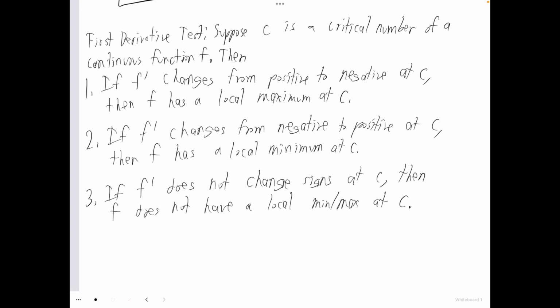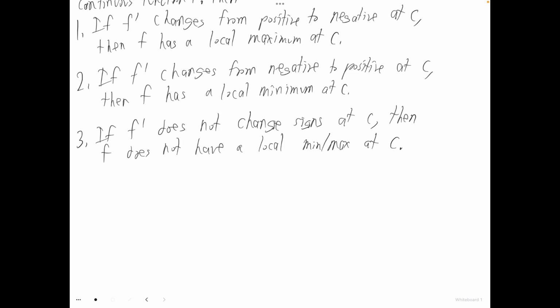And so what we're going to do now is use this function that we looked at a second ago and figure out where it has local minimums and maximums based on the first derivative test. This is just a continuation, so we want to find the location of the min and max of f of x equals 3x to the fourth minus 4x cubed minus 12x squared plus 5.